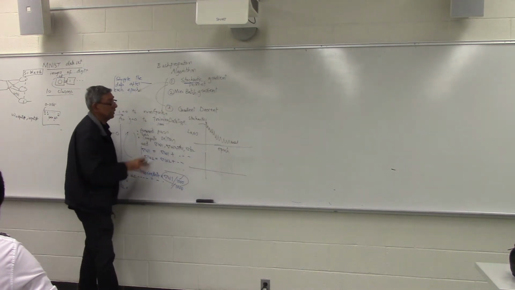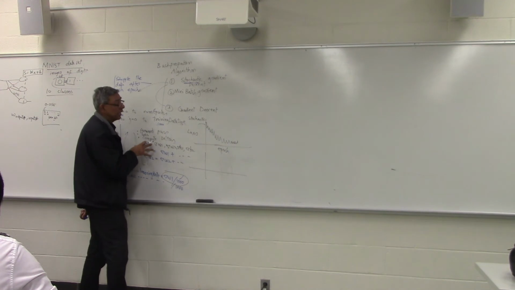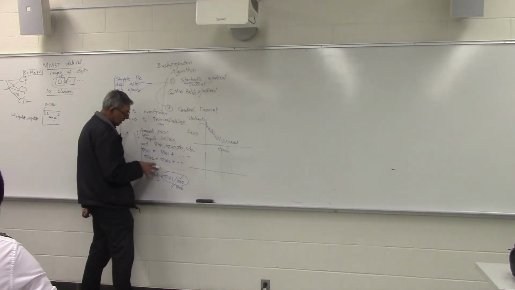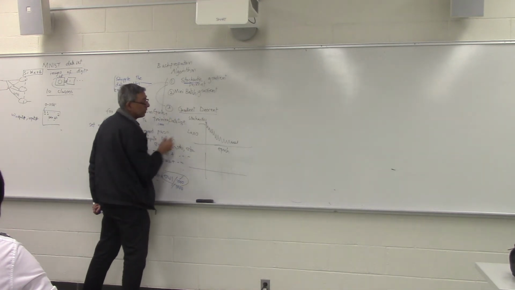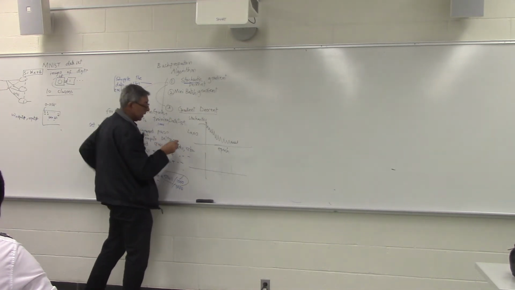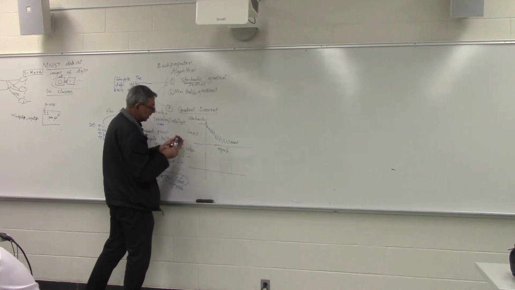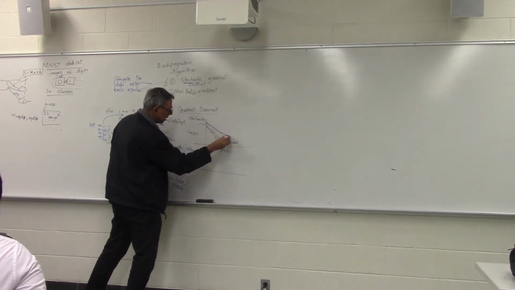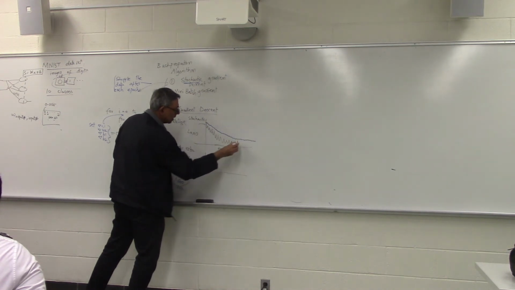So this is how the stochastic will behave. If we compare it with the regular gradient descent, it will look something like this.